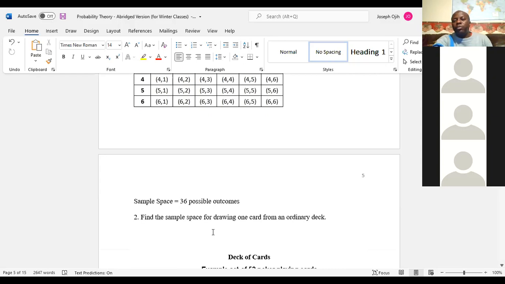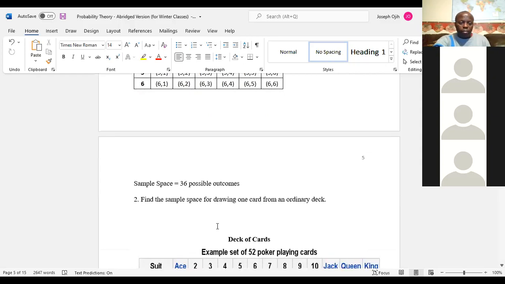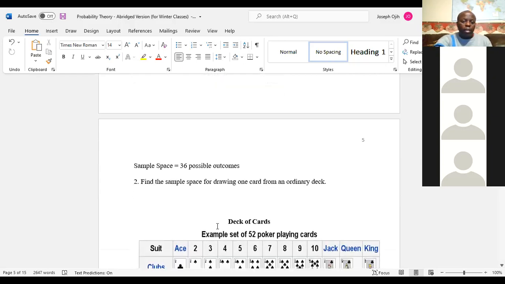So that's the sample space for 2 dice. Any question on that? No question, excellent.